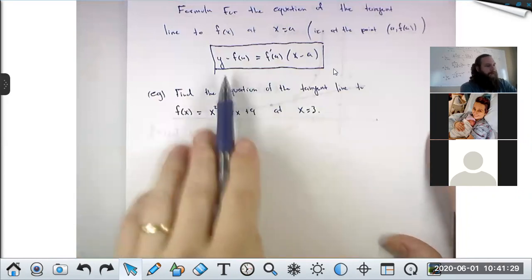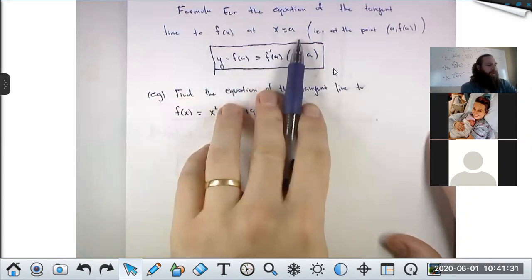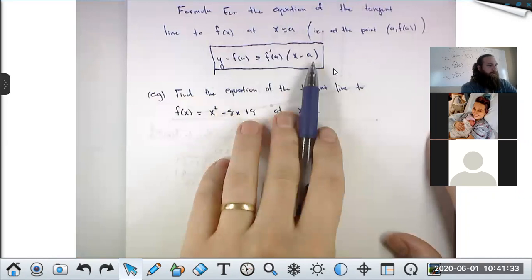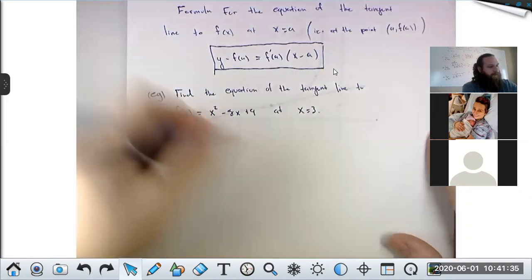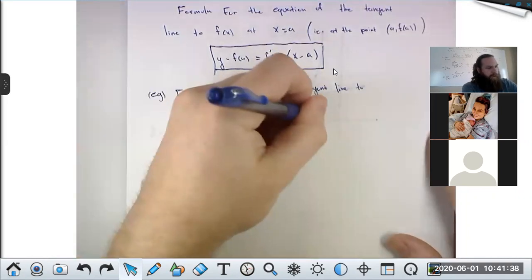So I'm hoping to use this formula, which means I'm going to need a, f of a, and f prime of a. This guy is always a.